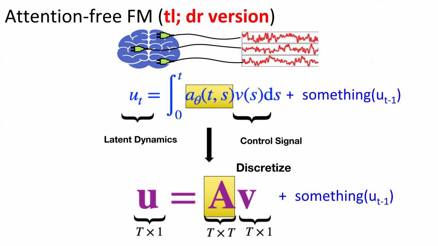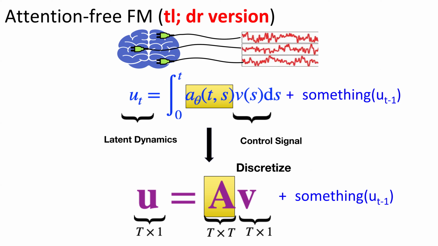So what the first term in the top expression is doing is telling you how the control signal, which could be the signal at other ROIs, is going to influence the latent representation or latent measurement at time t for the response signal u sub t. For the moment, we can ignore the self-drift term corresponding to u sub t minus 1.